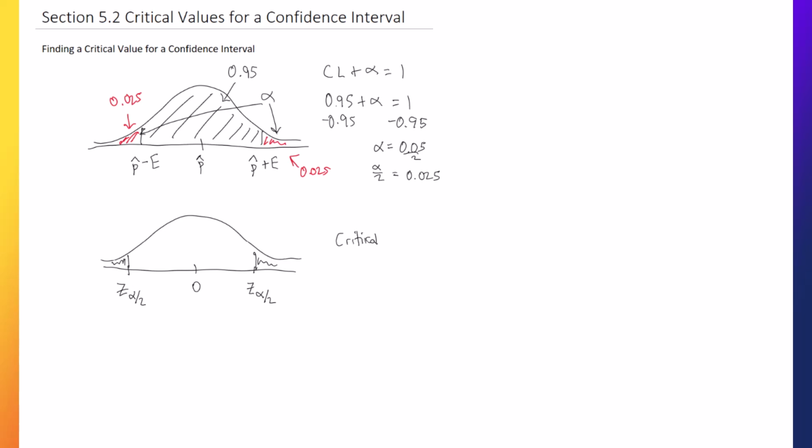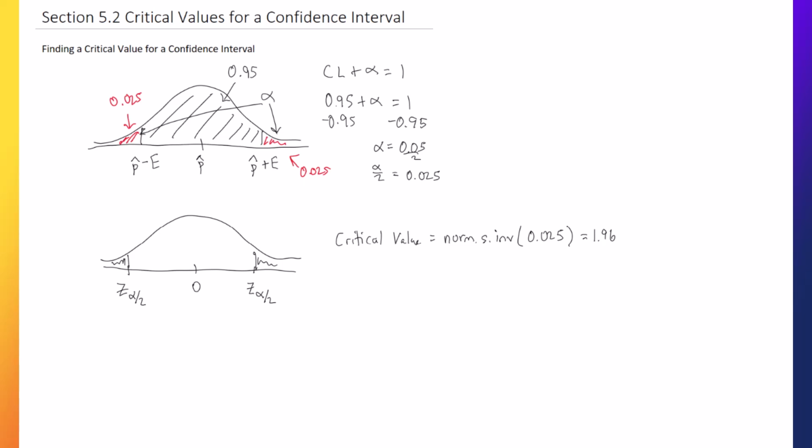So to find that critical value, we're going to be able to do norm standard inverse. And I'm going to just take the small side, the left-hand side, and 0.025 here. And we can throw that into Excel. And when we do that, this gives us a value of 1.96 for that critical value.